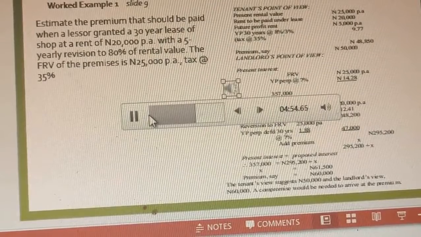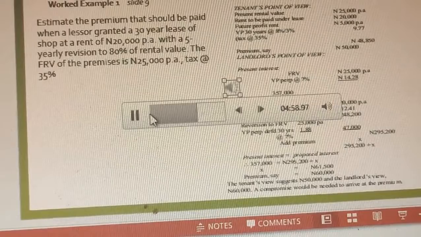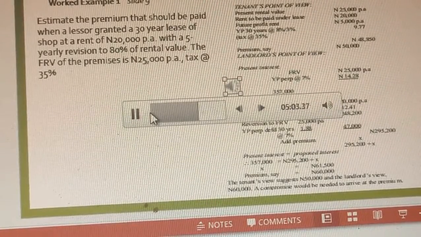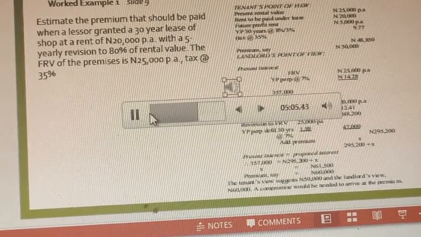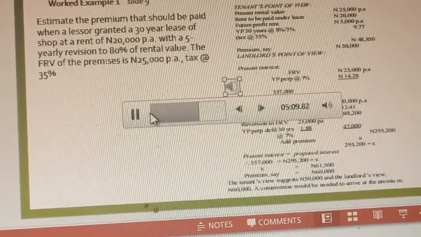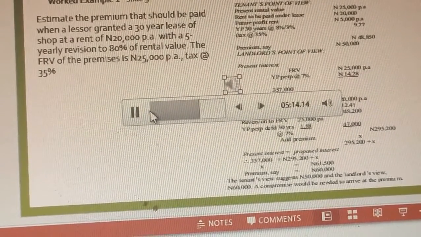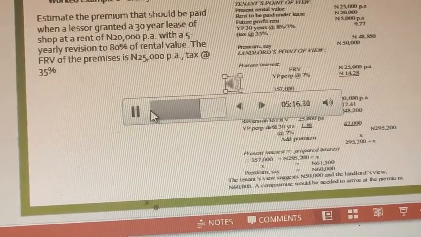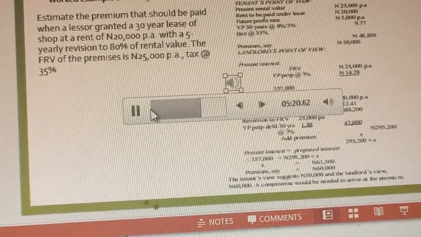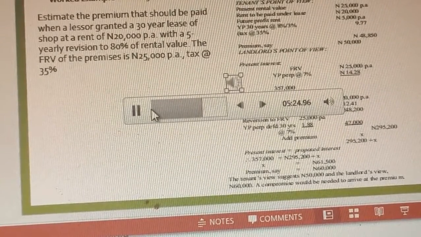Then after the 30 years, he has a reversion to full rental value, which is 25,000. So YP in perpetuity for 7 years times PV, we have to divide it. You can get 25,000 in perpetuity, but he has to wait for 30 years. Times PV will be equal to YP of a reversion to a perpetuity, deferred 30 years, which will be 1.88 times 25,000, which is 47,000.